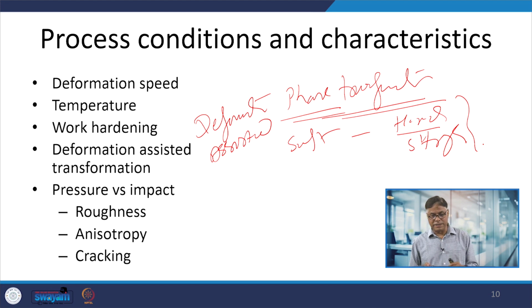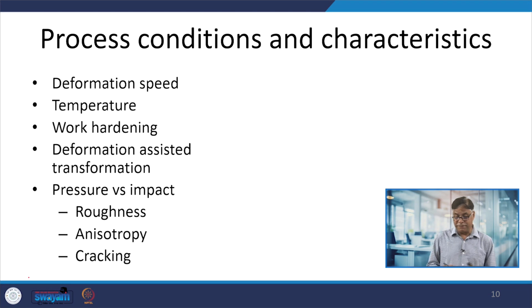Certain high manganese steels and Hadfield steel show this kind of behavior, where when the material is subjected to plastic deformation, its austenite converts into martensite, and that helps in increasing the strength and hardness.